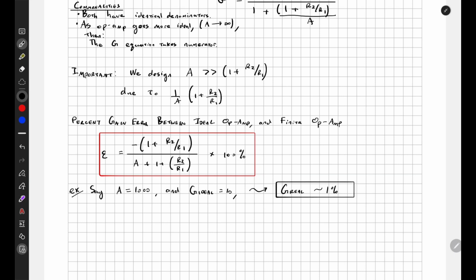That's a value within the general range that we can expect. The point is that even though this open loop gain may not be infinity, it does not have a huge impact on the degradation of the closed loop gain.